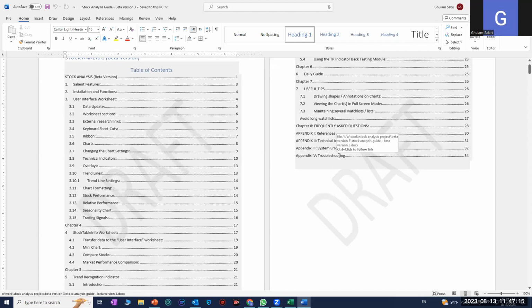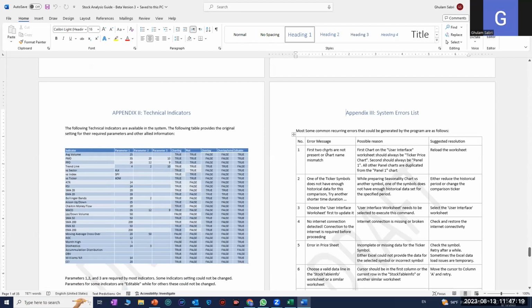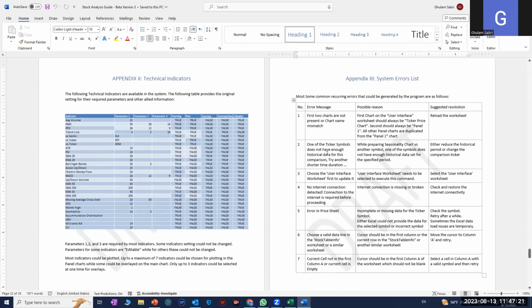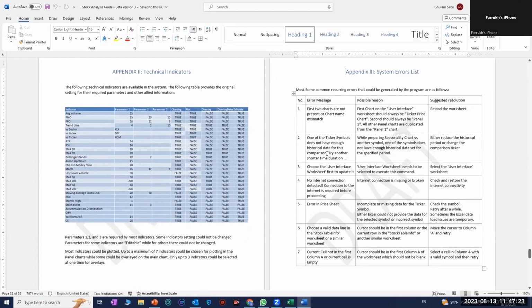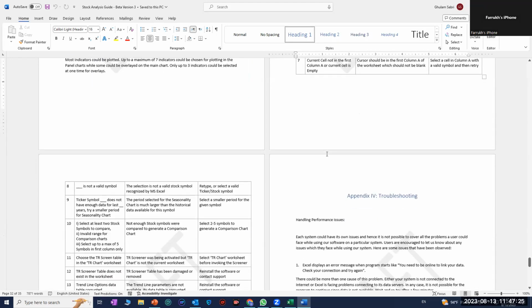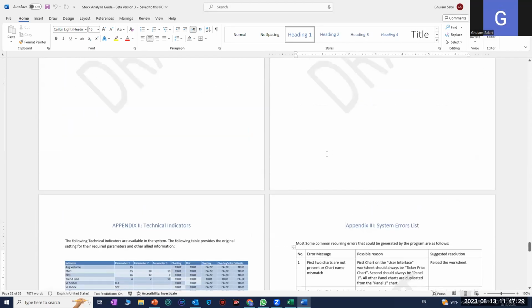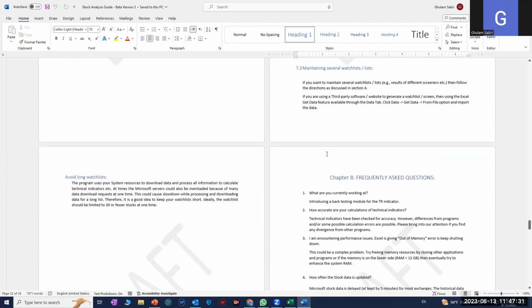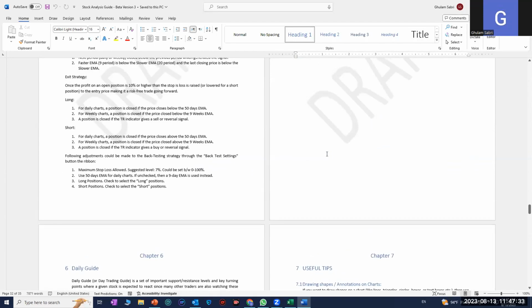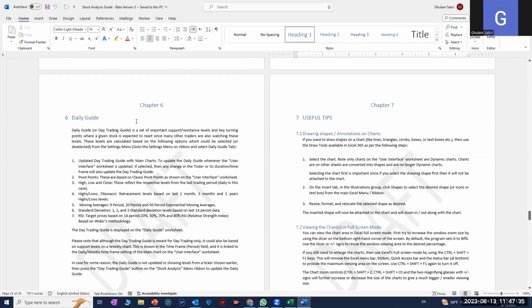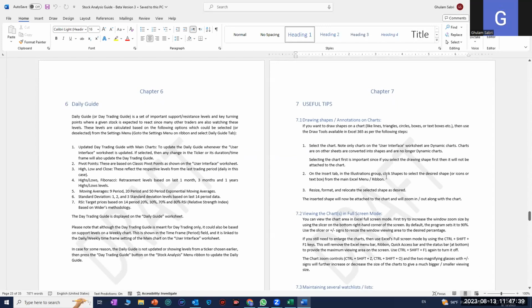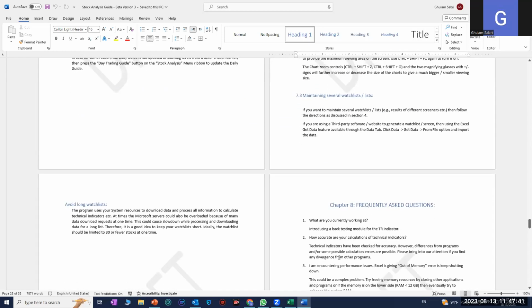If they're troubleshooting their error, they should go and find what kind of error the system gives, what it means, how to resolve that, and things like that. I've tried to incorporate everything. It's still in draft mode, and there's also a chapter on the daily guide: what is the daily guide, how to adjust things, some useful tips, because it is in Excel.